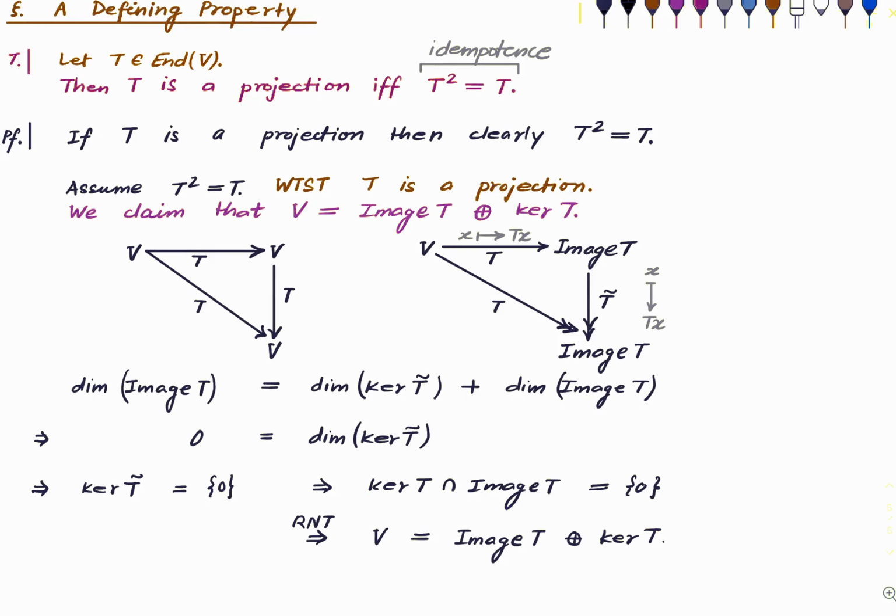And now we claim that our endomorphism T is the projection of V onto image T with respect to kernel T. This will end the proof.